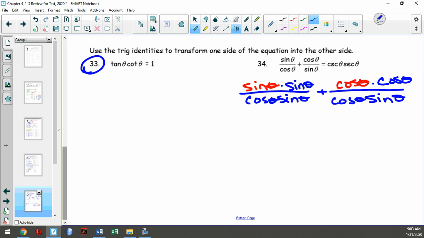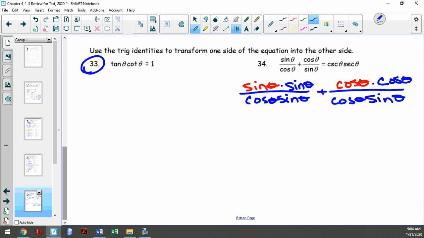Okay? So what we're doing is now you're going to say, if I were to cancel the sines out, would I get the original problem? Yes. That means what you did is correct. If you cannot cancel out to get the original problem, then what you did was incorrect. Do we all understand what I just said? Okay?